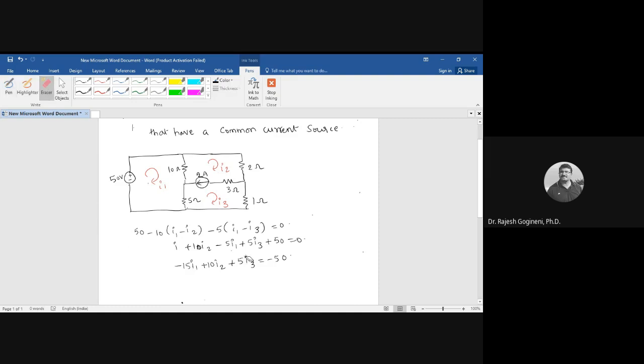If you simplify this further, taking the positive sign for I1: 15 I1 minus 10 I2 minus 5 I3 is equal to 50. Both are the same; I just multiplied by the negative sign on both sides.